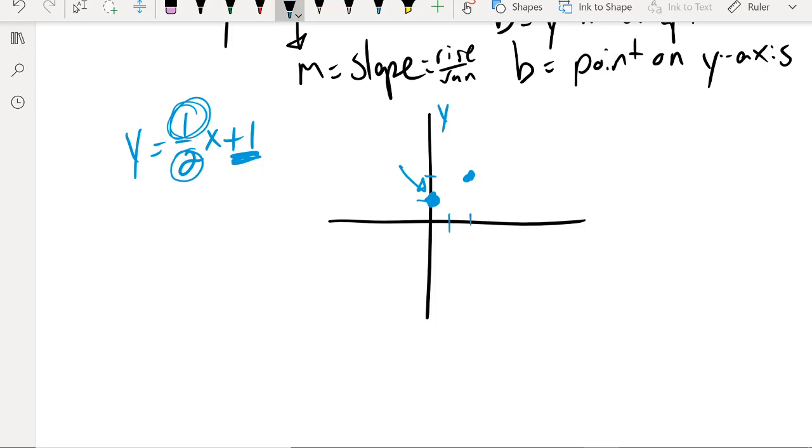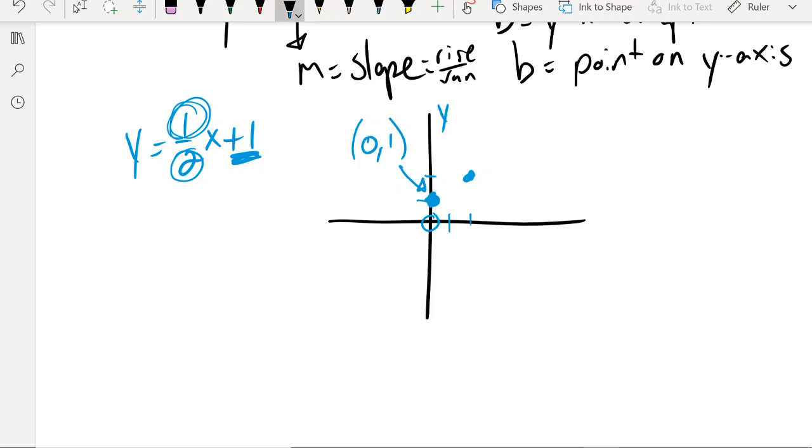I have a video on how to graph a point, so go check that out if you're not sure how. This point right here would be 0, meaning I don't go left or right at all from the origin, and then I move up one space.